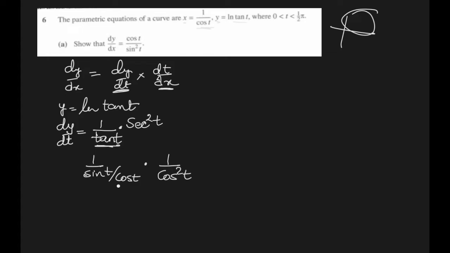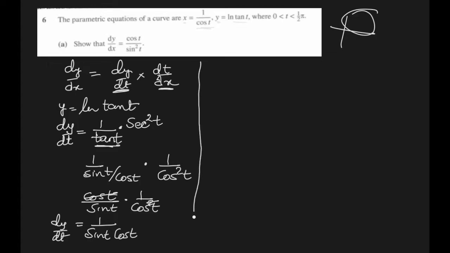Since it's a reciprocal, I can write this as cos t over sine t multiplied by 1 over cos square t. This cos t and one of the cos t cancel out, so 1 over sine t cos t. This is dy over dt.